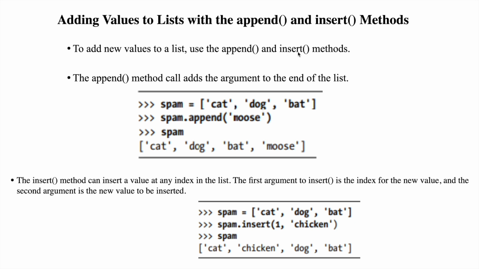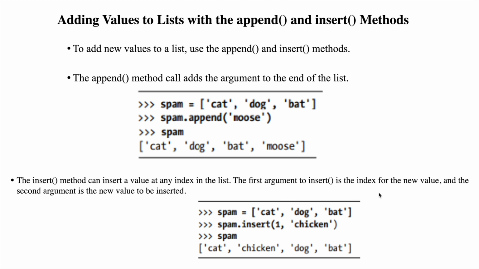Now the insert method. What is the difference between append and insert? The insert method can insert a value at any index in the list, but append always inserts at the end of the list. The insert method takes two arguments.